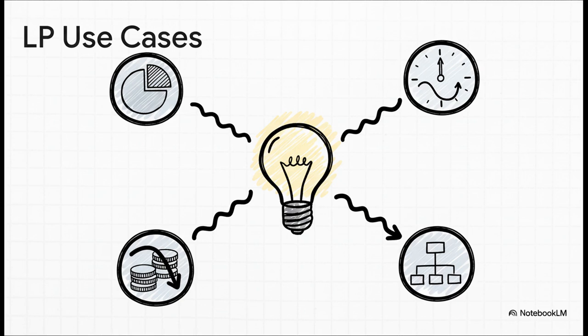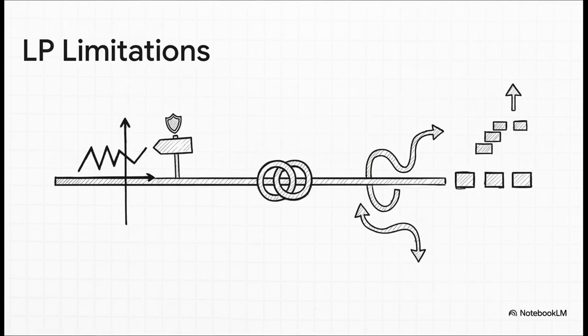Anytime your problem involves a linear goal and a set of linear rules, think enforcing position limits, optimizing trade schedules, minimizing transaction costs, LP is absolutely your go-to tool. But it definitely has its limits. Because it's linear, it can't directly manage concepts like risk, which is quadratic. If you want to require a whole number of shares, for example, you'd need something else, like integer programming. For risk, you need a different tool.